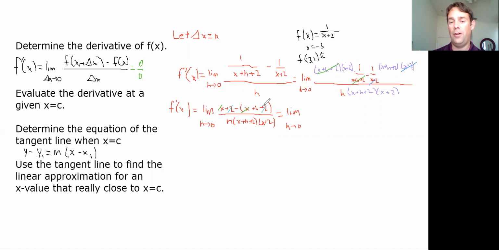Notice how there's a negative out here, right? So that makes this a negative h all over h times x plus h plus 2 and x plus 2. Well, the h's are going to go away there, and I'm going to be left with just a -1 up top.